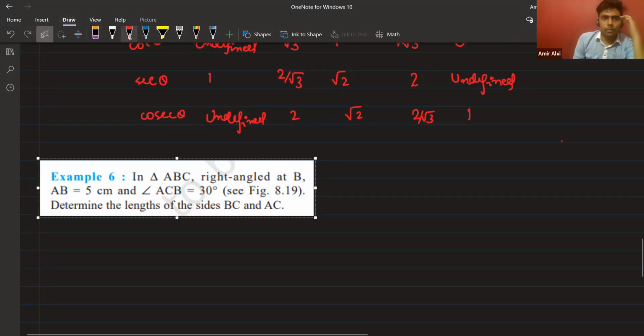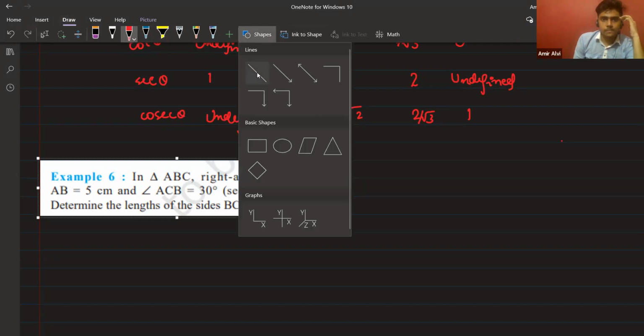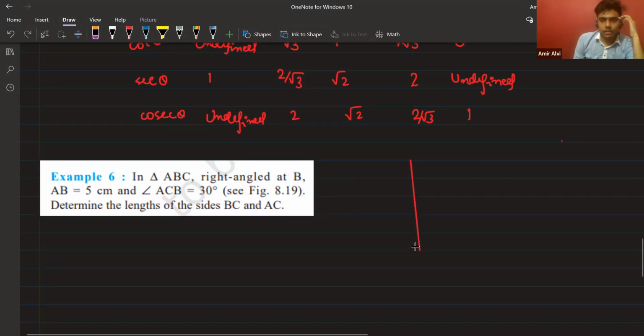Let's understand what it is basically saying. Let's make a triangle. The question says that the right angle triangle is at B, which means that the 90 degree is at B. Very good.